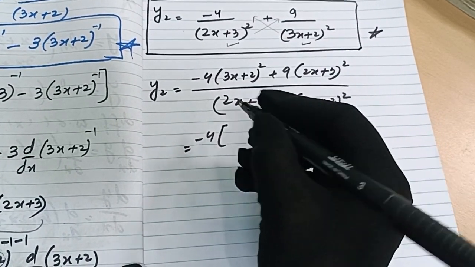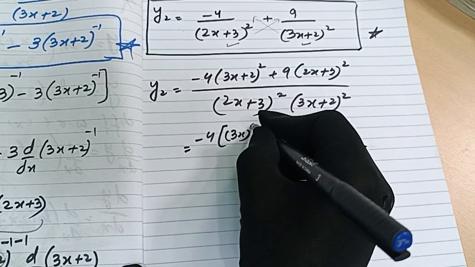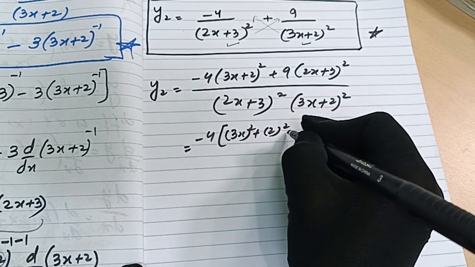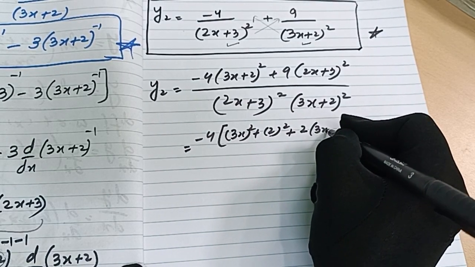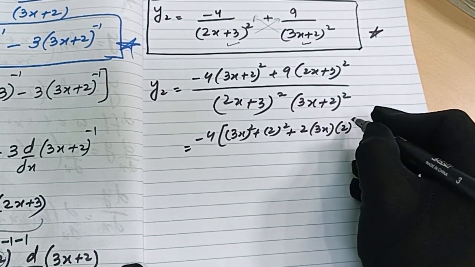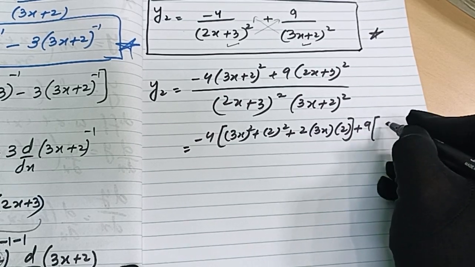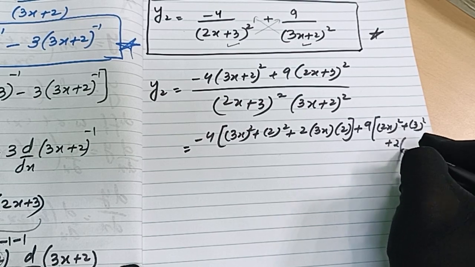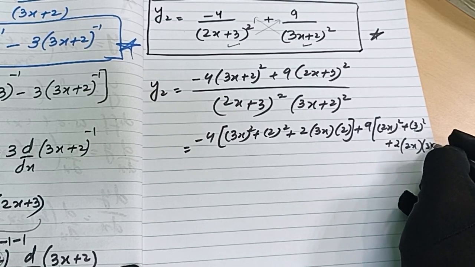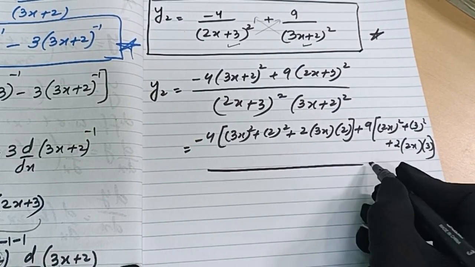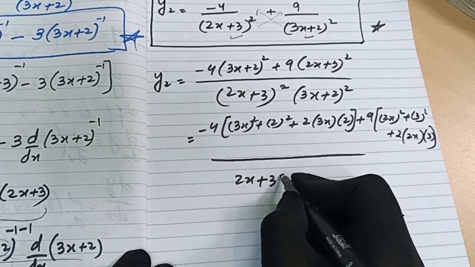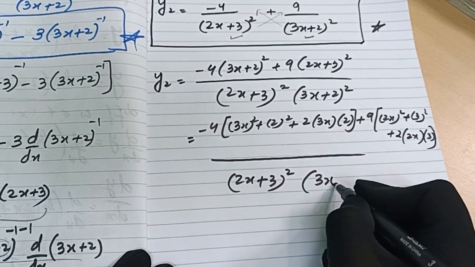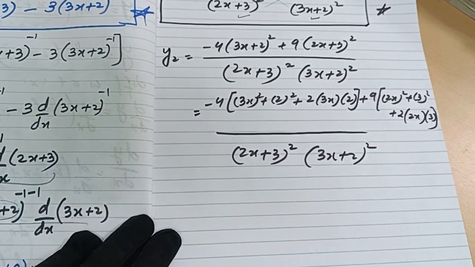You can use the formula (a + b) squared, which is a squared plus b squared plus 2ab, and the same for the 9 term. The denominator is the same.